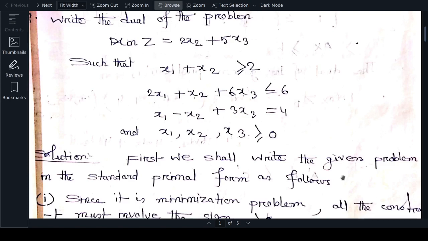Arbaj, how to write the third constraint? Roshni, I am audible. Yes, sir, you are audible. Okay, so the third constraint, how to write?